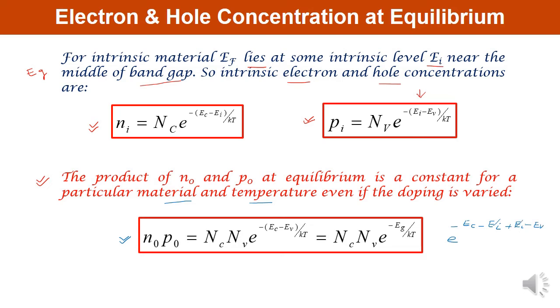So the Ei term will cancel out. Accordingly you can write it as minus of (Ec minus Ev), and this can be written with Nc into Nv.